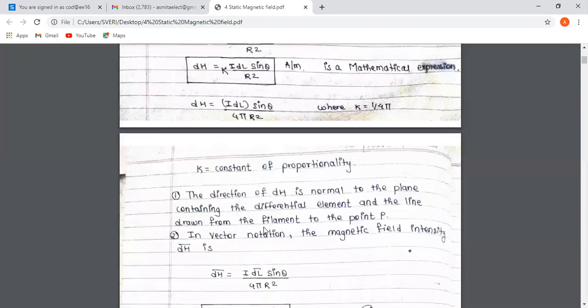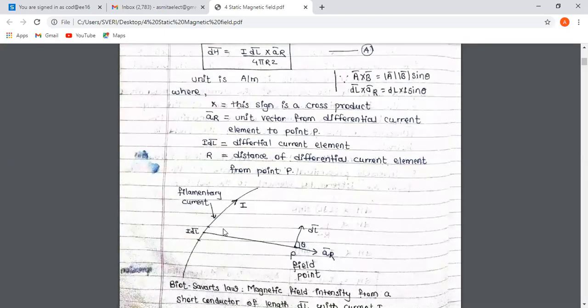Sine theta is the angle between this filament and the line connecting this filament to point P, and it is inversely proportional to r square, where r is the distance from the filament to point P.